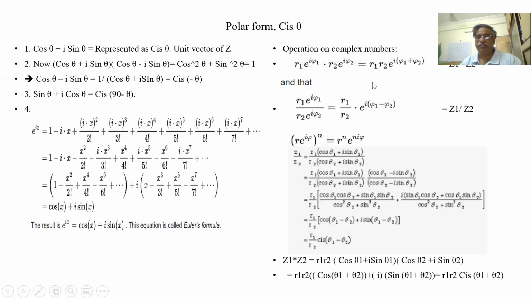Same. So this is my understanding in the name of e to the power of ix, and my understanding in the name of cos theta plus i sin theta. In both cases they are matched. So to understand the subject, we should have the concepts of both. Same thing if I want to multiply z1, z2: r1, r2 into cos theta 1 plus i sin theta 1 into cos theta 2 plus i sin theta 2.